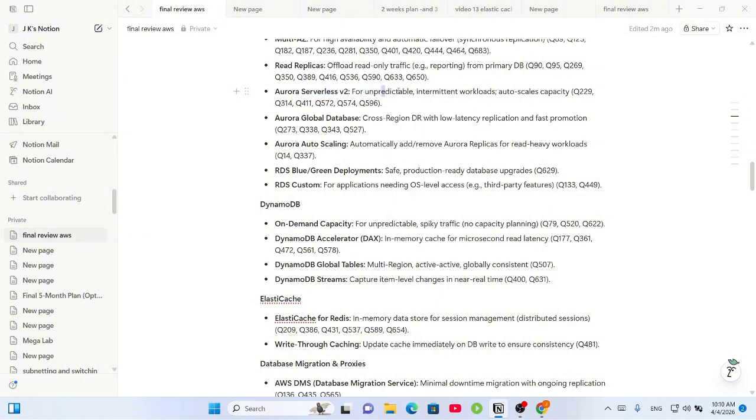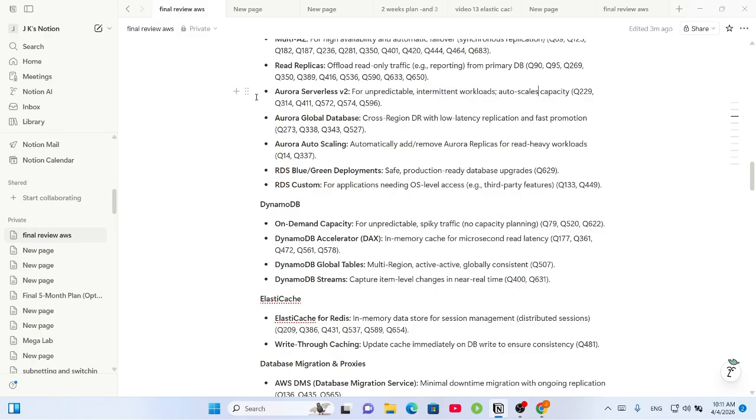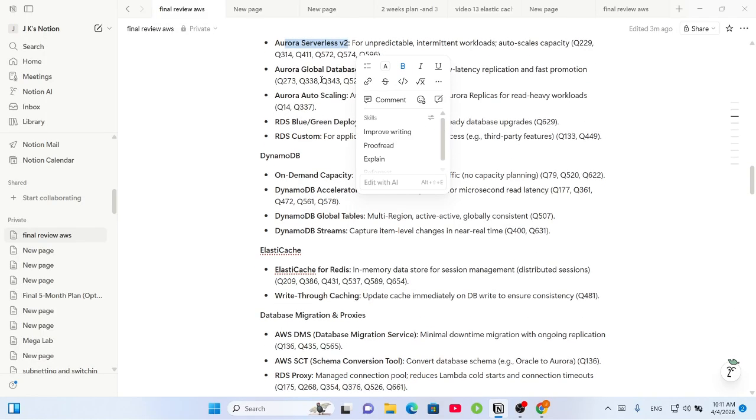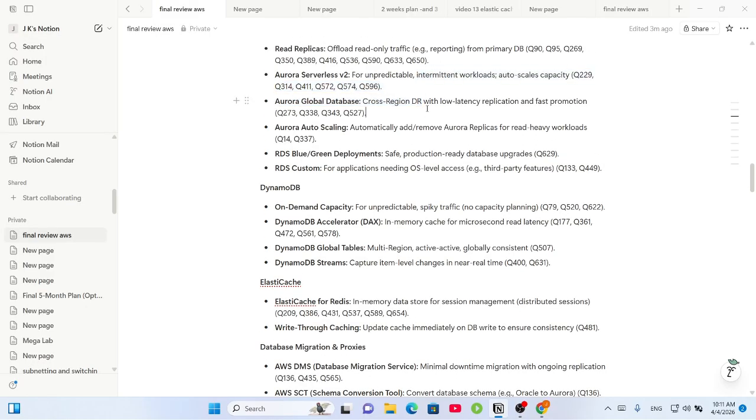This is used for unpredictable intermittent workload, like auto scale capacity. Okay, so we use Aurora Serverless. Aurora Global Database. This is used for cross-region disaster recovery with low latency replication and fast promotion. Aurora Auto Scaling automatically adds or removes Aurora replicas for read-heavy workloads.